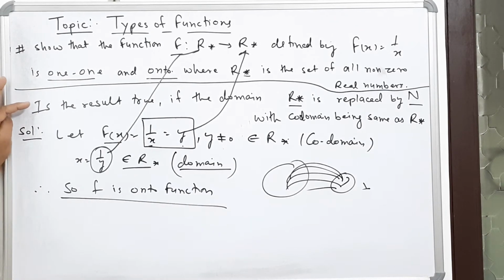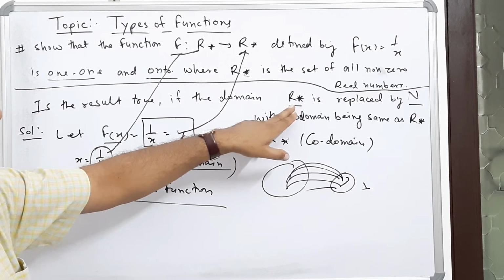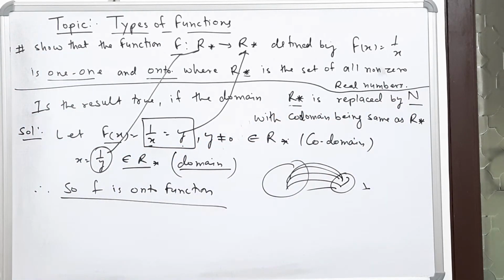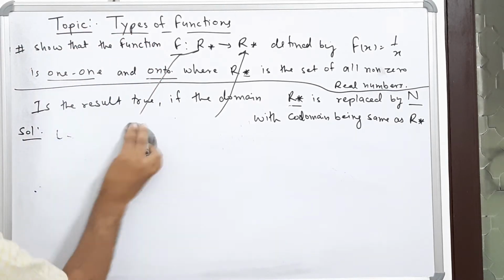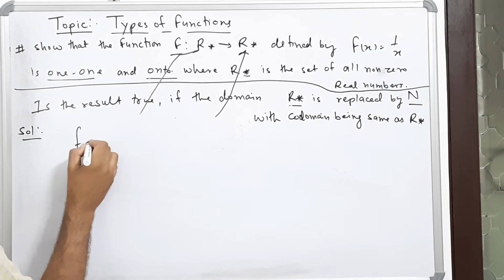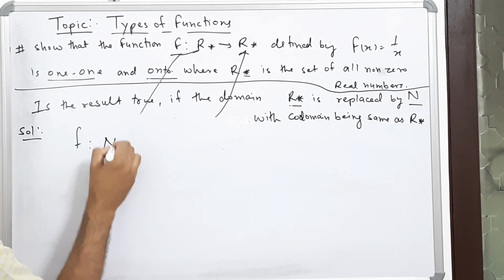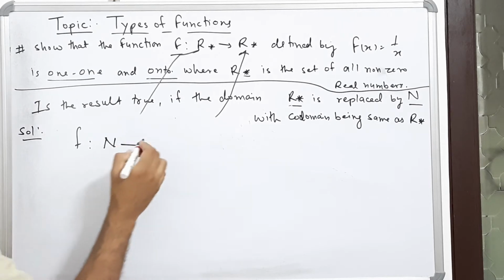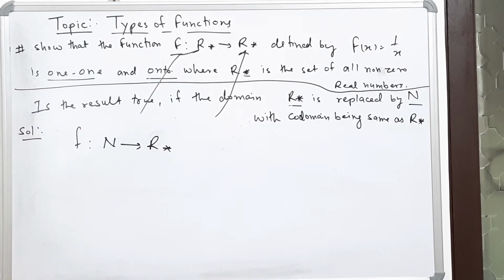Now I am explaining the second part, that is, is the result true if the domain is replaced by natural numbers with the codomain remaining the same. So in continuation of this part, it's a very small part. Now f is from natural numbers to non-zero real numbers.